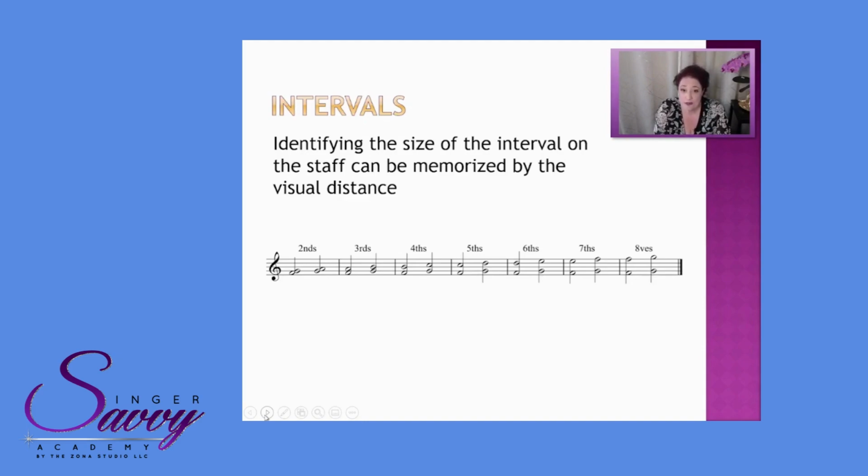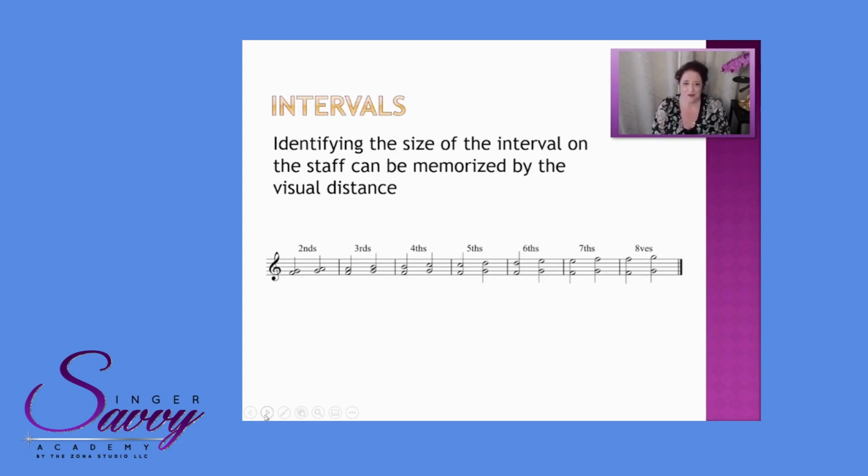A fourth goes from a space to a line that is 2 lines away, or a line to a space that is 2 spaces away. Okay? A fifth is going from a space, skip a space, go to the next space, or a line, skip a line, going to the next line.